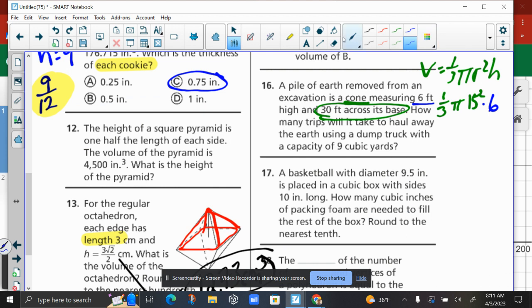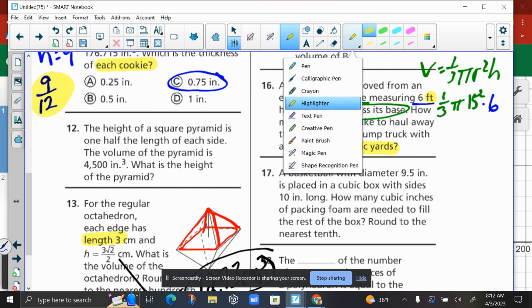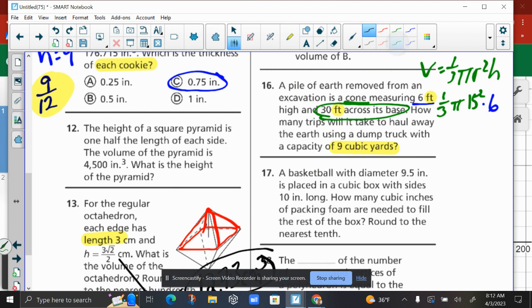In this problem, it says cubic yards. This is feet, and this is feet. So the trick here is I need to convert all these to yards, not feet. So we can't use 6. We have to divide this by 3. We have to use 2. Because 3 feet equals 1 yard. So we need to convert everything to yards so we can use that 9 at the end.